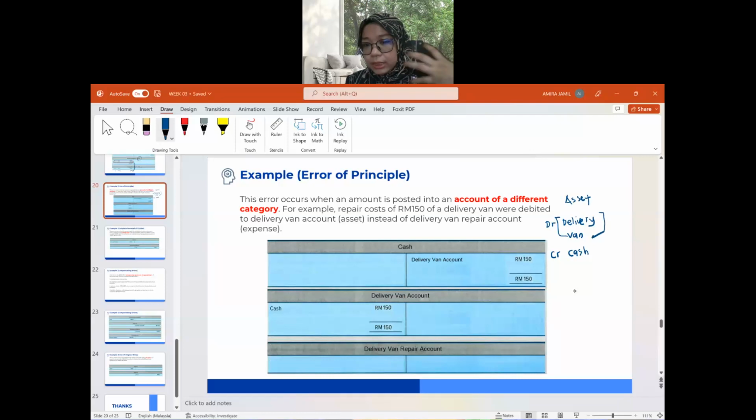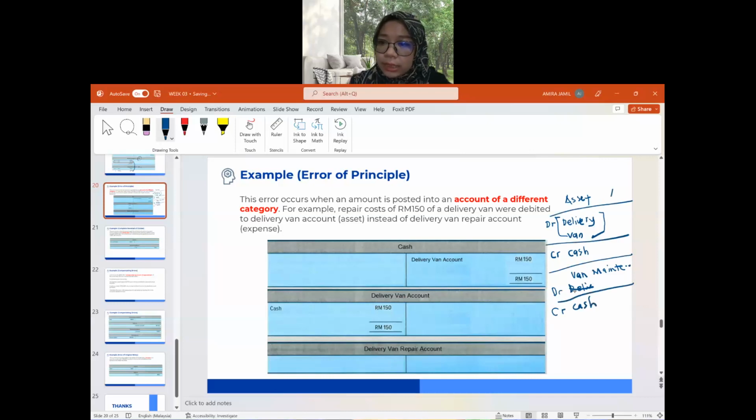We don't recognize it as an asset. Okay, we need to record van repair, or van maintenance or repair. And then credit cash. It's the same. It's also a debit side, but this one is asset, this one is expenses. Okay, you should differentiate it.